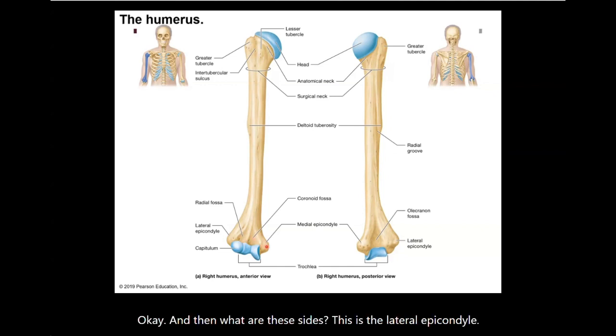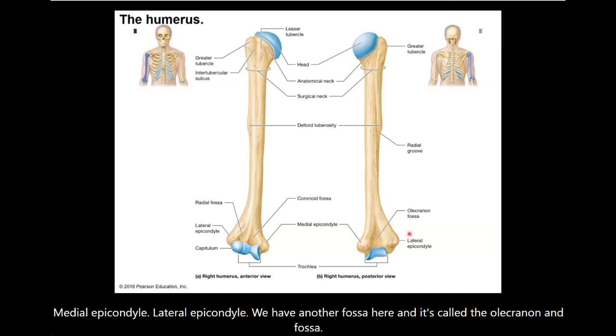And then what are these sides? This is the lateral epicondyle, medial epicondyle, okay? Now posteriorly, what is this again? Medial epicondyle, lateral epicondyle. We have another fossa here, called the olecranon fossa.